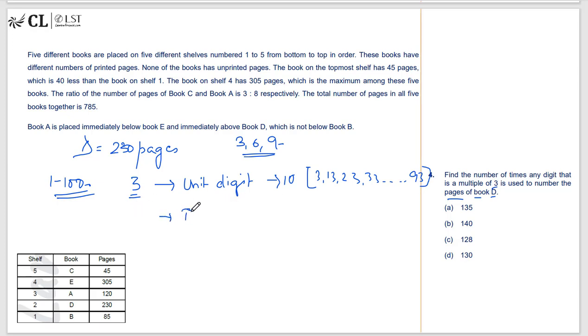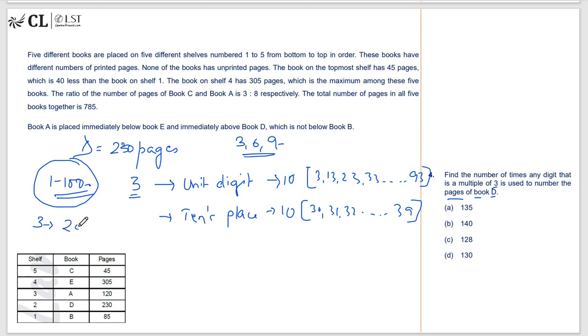Then 3 at tens place would be used in another 10 numbers, starting from 30, 31, 32, and so on till 39. So we can conclude that in the first 100 numbers, we have used 3 20 times.